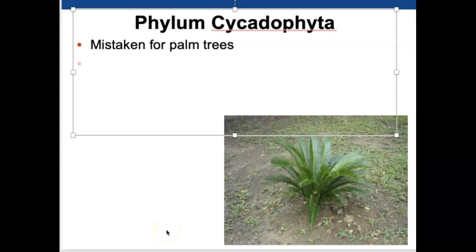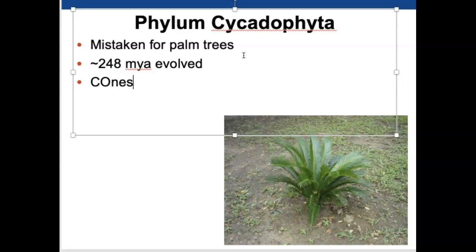They are not. Palm trees have flowers. Cycads have cones. Evolutionarily, about 248 million years ago, so they're not as old as pines, but still a pretty old group.